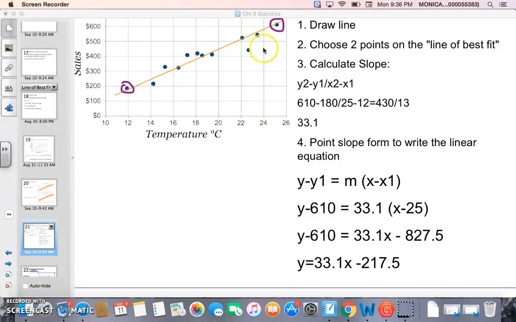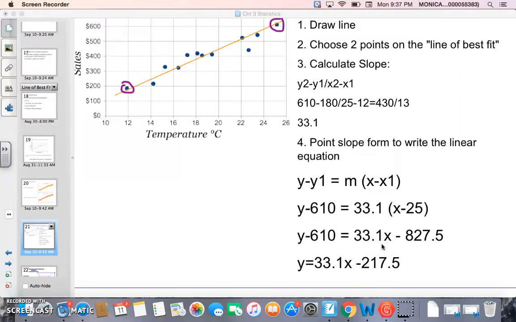If we scroll up, we can clearly see that this point right here is approximately $576.90. Though we couldn't predict that exactly just by looking at the graph, we can definitely use our line of regression equation to do that.